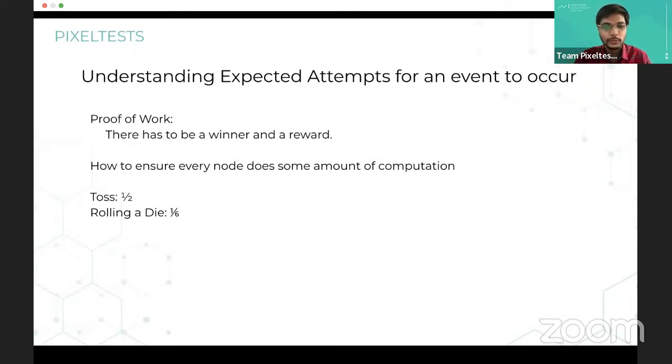The first person who rolls a one goes forward, and after that, whatever number comes, he goes ahead. So how many attempts? This is a question the professor asked during the session. How many attempts do you think it would take for the person to roll a one? Can anyone take a guess of how many attempts a person might have to make to get a one on the die?